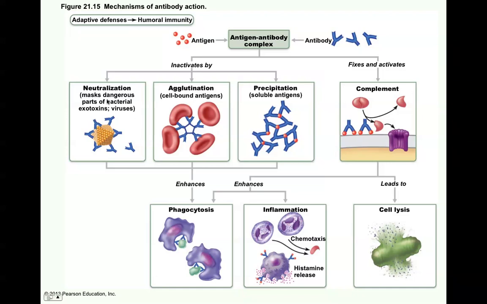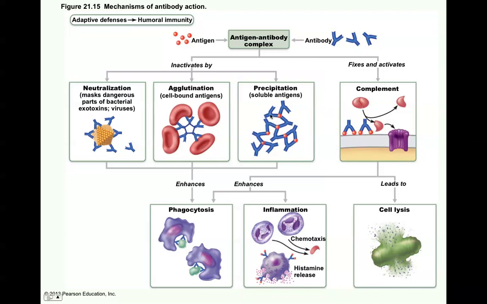In other words, it masks the dangerous parts of the bacterial exotoxins or viruses. It agglutinates it, so for any kind of cell-bound antigen, it pulls them all together and forms clumps. Then it precipitates. This would be for soluble antigens that are in the bloodstream.